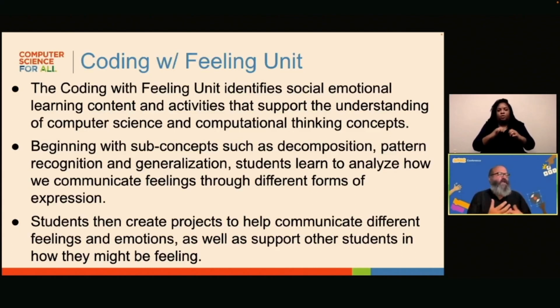So in this unit, students have two opportunities: one to create a project where they communicate the feelings or emotions they're having, and another to develop a project that supports other students, classmates, or even teachers with how they deal with their emotions and feelings.